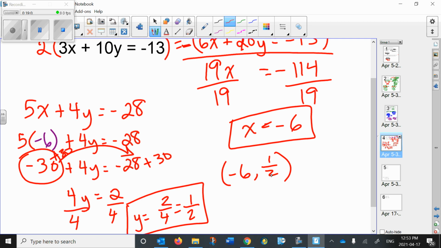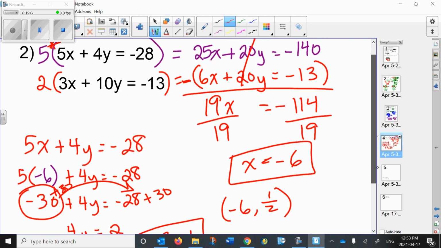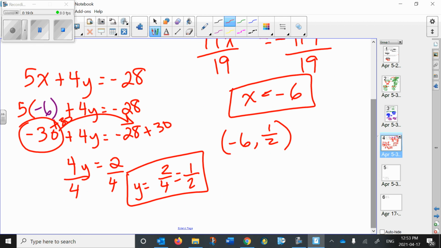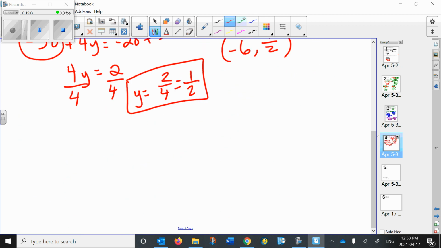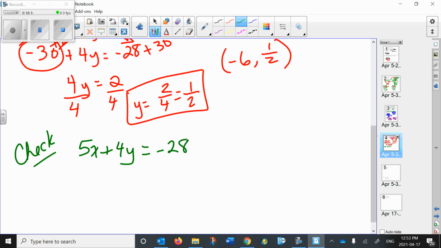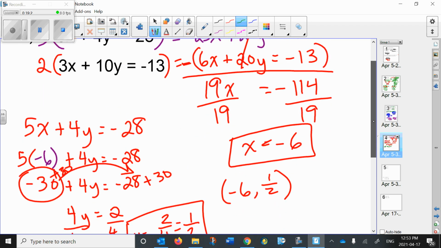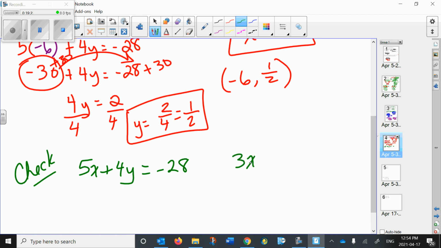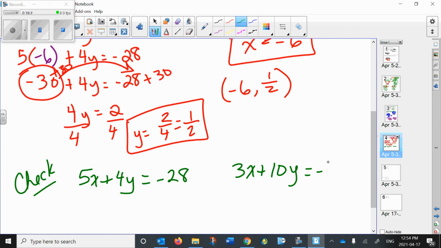Now if I go to check that again, we have to use our original equation. So check: 5x plus 4y equals negative 28. And then the other equation is 3x plus 10y equals negative 13.